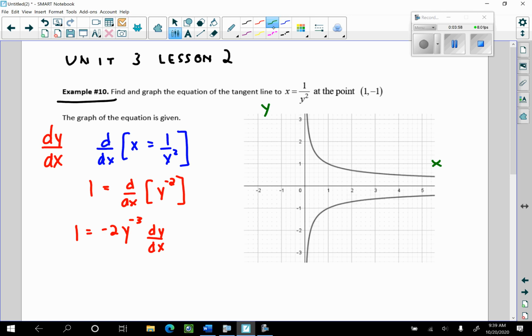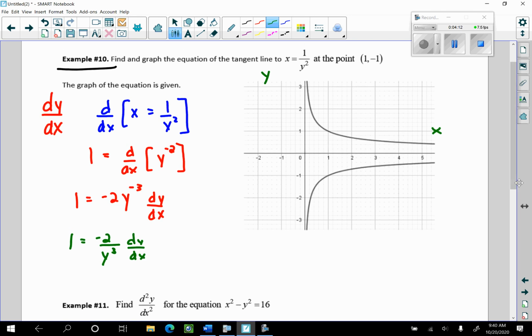I'm going to clean that up a little bit. I'm going to write it this way. And I'm going to really clean it up because I want to solve for dy/dx. If I solve for dy/dx, I'm going to multiply by y cubed over 2.